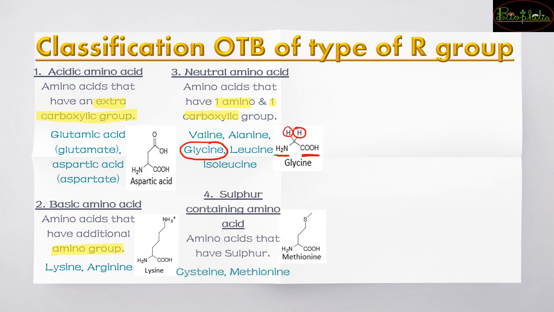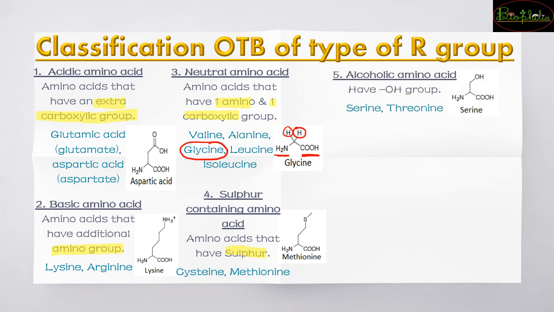Next we have to see is sulfur containing amino acids. So instead of one hydrogen you are replacing it with sulfur. When you add sulfur in it, that will give you sulfur containing amino acids, that is cysteine or methionine. Next is alcoholic amino acid.